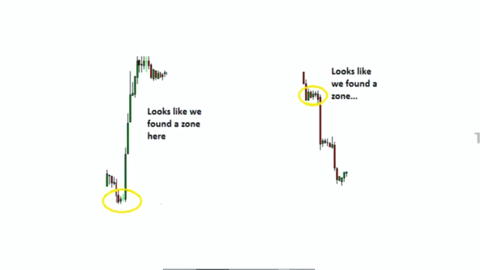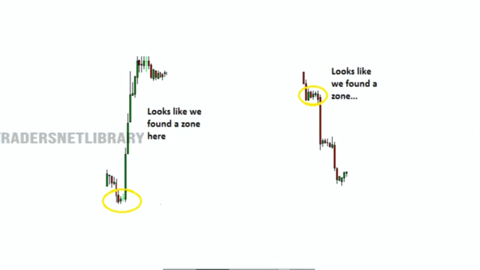Two, once we have found an area of the chart where the price shot up or dropped down in a strong fashion, we then want to see if we can find the base of the move. The base is basically a cluster of trading, where the candles' bodies are trading sideways next to each other, creating a zone.